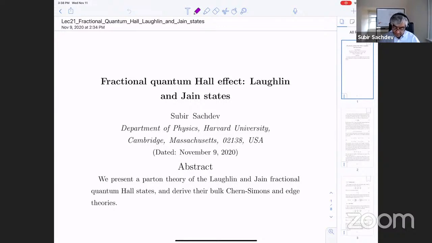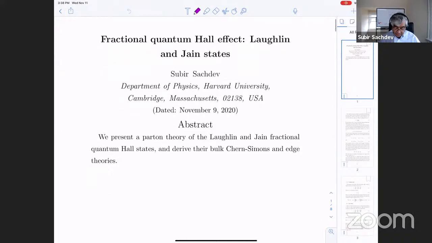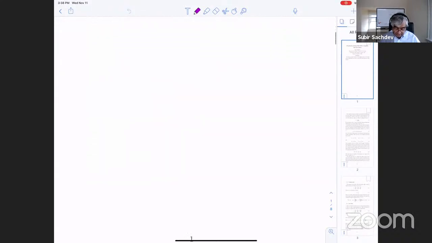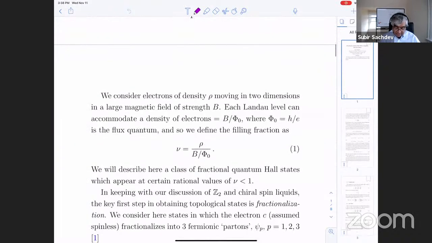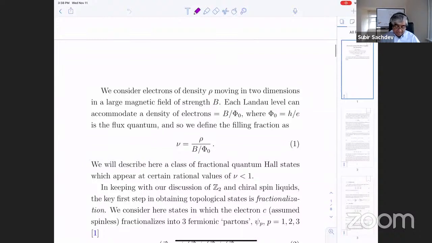Okay. So just to review, you get the fractional quantum Hall effect. Here, let's just take Landau levels. So we consider electrons of some density rho in 2 dimensions in a very large magnetic field. So you get a bunch of Landau levels in a magnetic field B. And each Landau level, the density of electrons you can accommodate is B over phi naught.